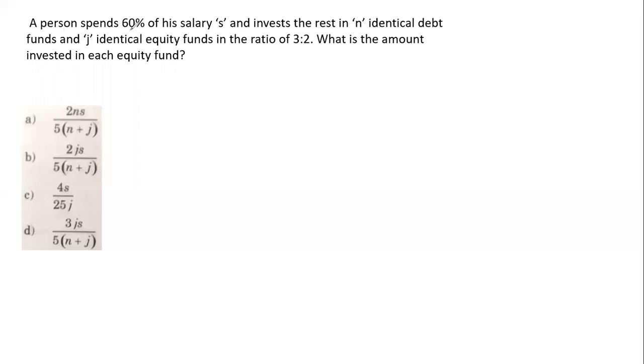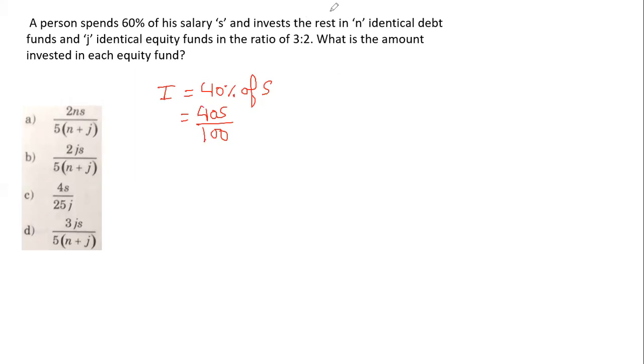A person spends 60% of his salary S and invests the rest. Okay. So if I spend 60% of the salary, how much will I invest? The remaining, that's 40%. So I invested 40% of S, that is 40S by 100. This is the money that I invested.